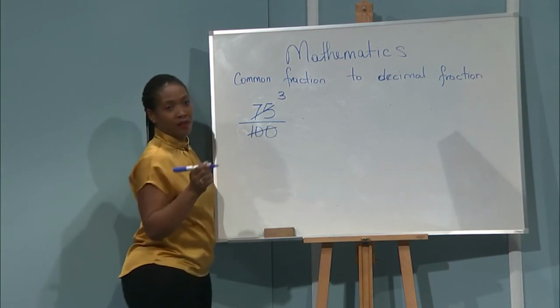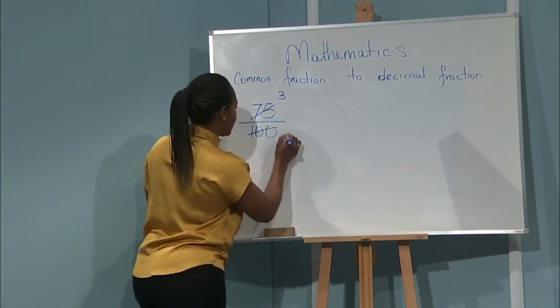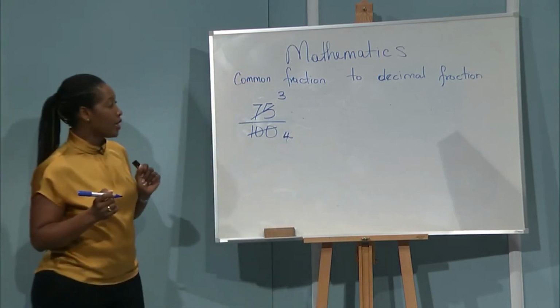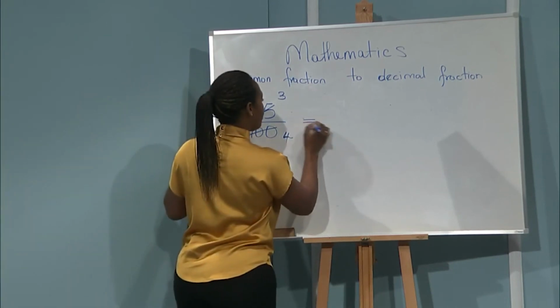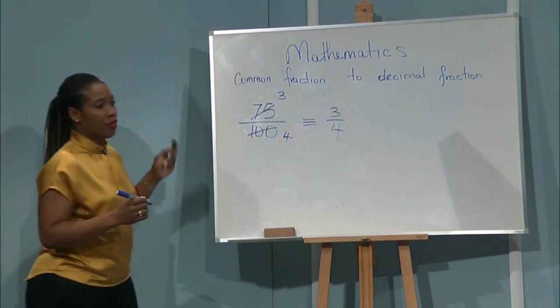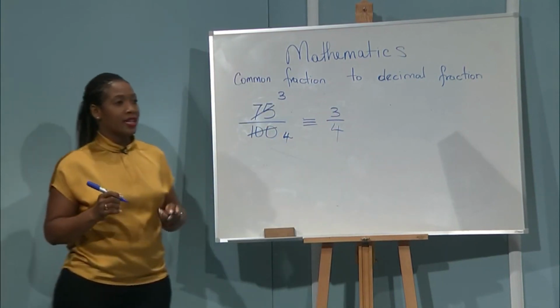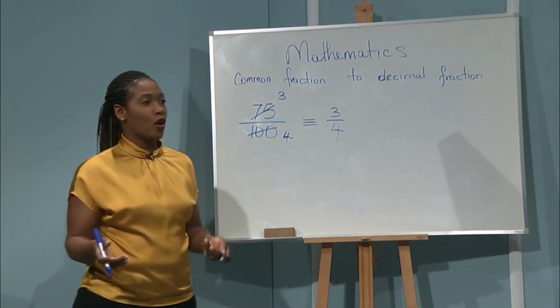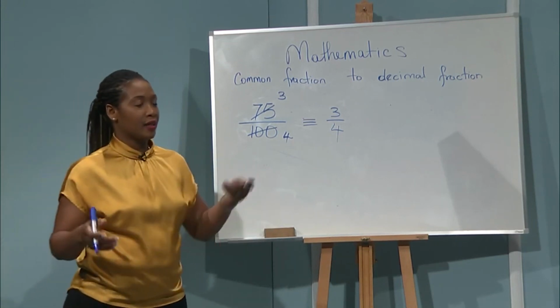How many 25s can you get from 100? Exactly. That would be 4. So our equivalent fraction here is 3/4. So 75% is the same as saying 3/4. All right? Awesome.